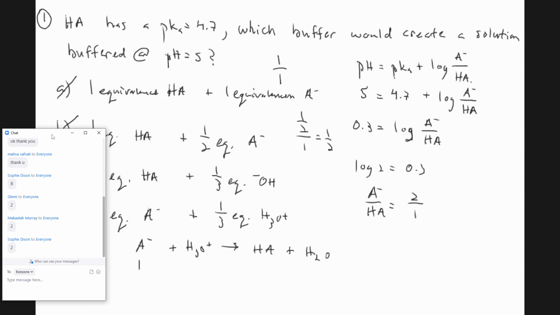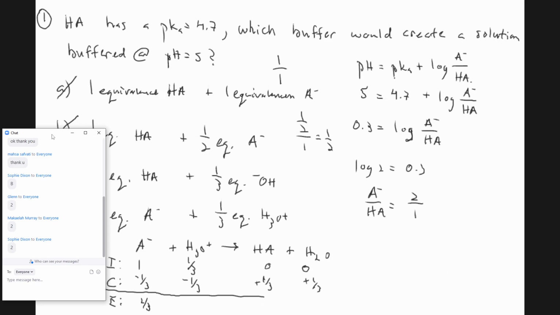So we start with 1 mole's worth of that and 1/3 moles of this. That's our initial. This is 0. This is 0. Our change is going to be minus 1/3, minus 1/3, add 1/3, add 1/3.